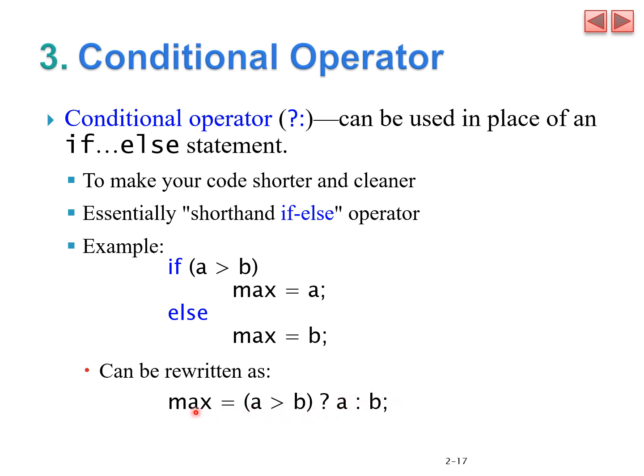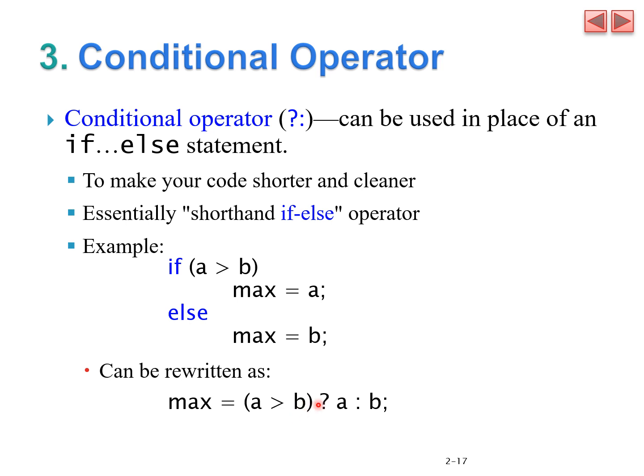So here in this assignment statement, you have variable max on the left-hand side of the assignment operator, and on the right-hand side, you use the conditional operator, which is indicated by the question mark and a colon. Before the question mark, you need to put the condition that could be tested.